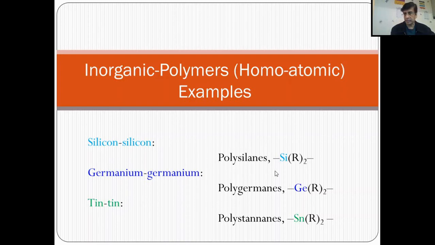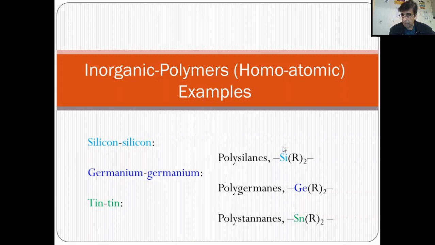So the backbone is silicon. Look here, silicon has four valencies, so the one R will go here and one R goes down. Because I'm not in the class, I cannot show you right now, but you should know this one, and you have learned this from the previous organic chemistry class. So you should be able to write the positions correctly.